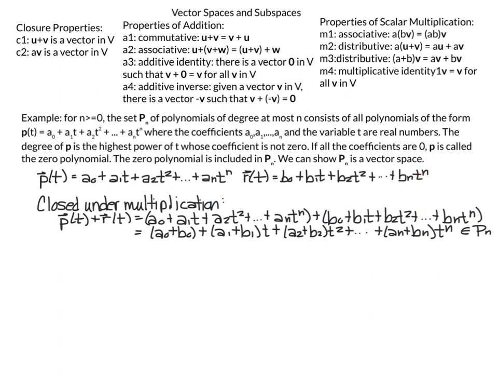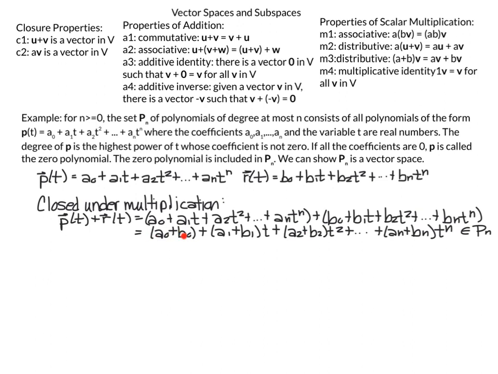Because I'm dealing with polynomials, I can group my coefficients of 1 together, my coefficients of t together, and my coefficients of t squared together, up to t to the n. Now these are just two real numbers added.